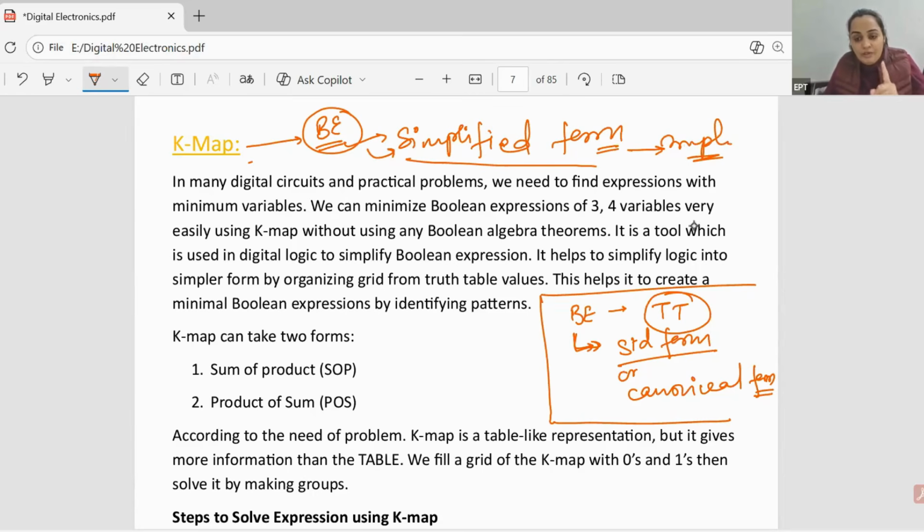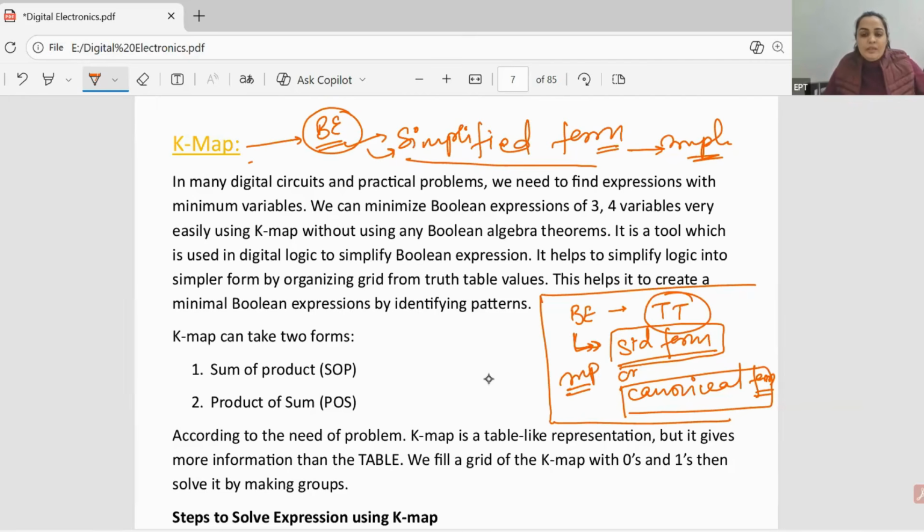If it is given that you have to implement the circuit using MUX, then you will use the standard or canonical form to implement the circuit using MUX or decoder. I hope this is clear to you all. This is a very important thing.